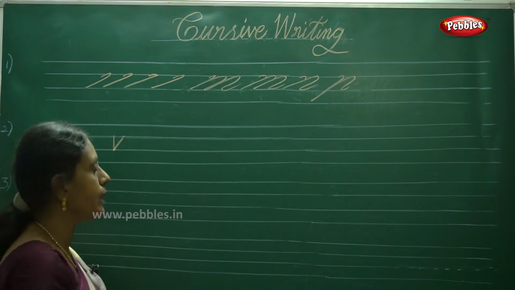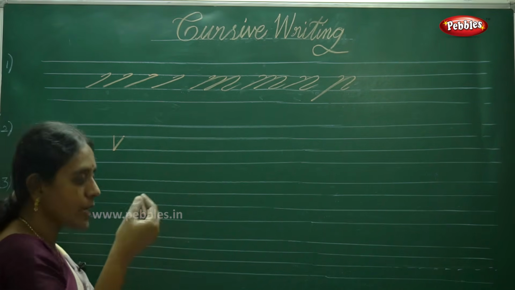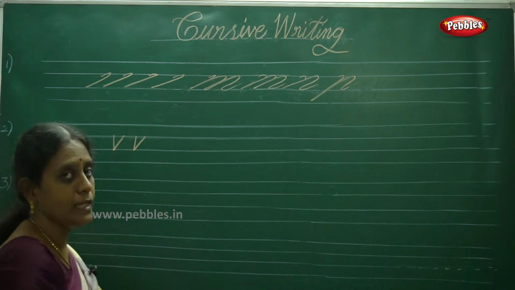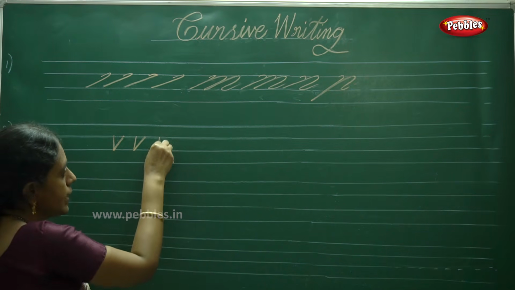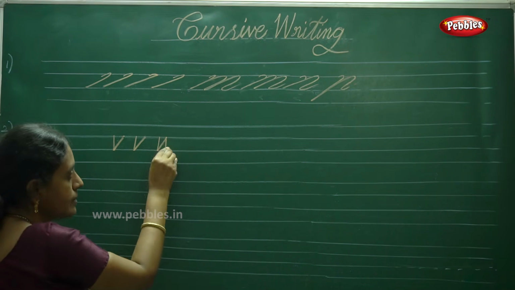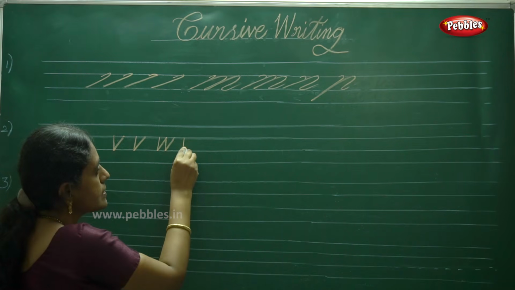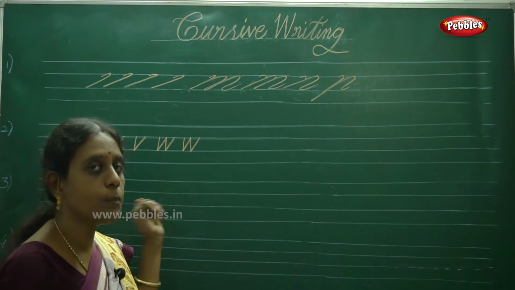Simple, that is V, but it has the rule. While you are writing, you say in words: straight, slanting. V, similar to that, W: straight, slanting, straight, slanting. Okay, understand? Straight, slanting, straight, slanting, that is W.